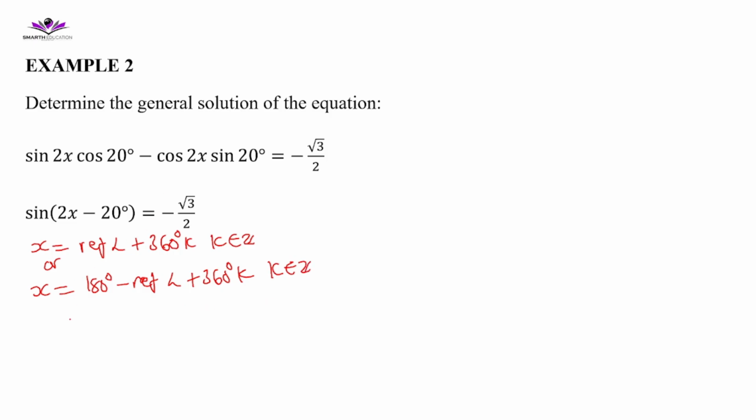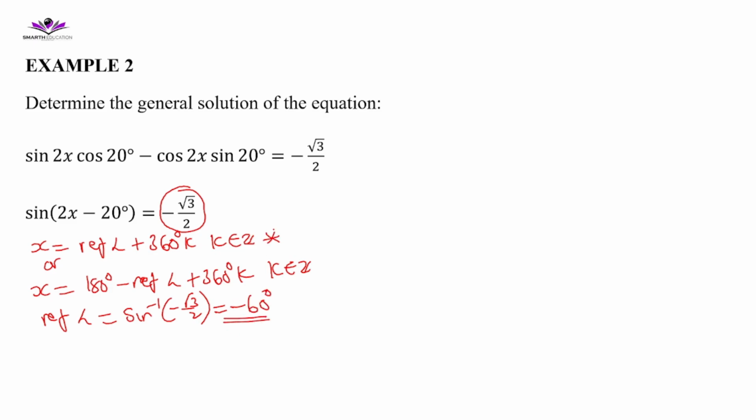So we can find our reference angle. Now we do not ignore the negative sign, we keep it as it is. So it's arc sine negative root 3 over 2, which is equal to negative 60 degrees. So that's our reference angle.